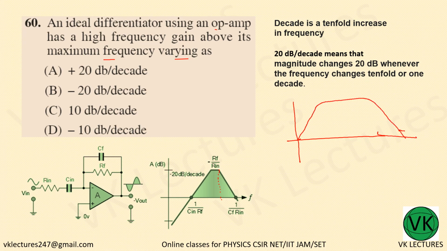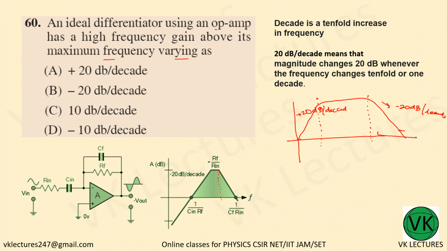Now actually this is the maximum allowed frequency, this is the minimum allowed frequency. Now in this area it is plus 20 decibel per decade, and after this area it is minus 20 decibel per decade.